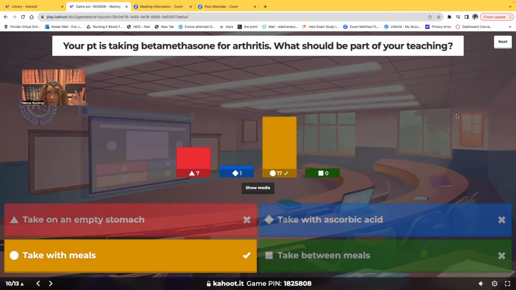So that was 3. What is the 4th? Guys, help me on the live. I don't remember what the fourth is. Okay, we have infection. We have glucose. We have ulcer. I remember what the fourth is. The fourth is osteoporosis. Steroids tend to make the bones very porous. So you have to teach the patient to be very careful, be safe, especially if it's an older patient.